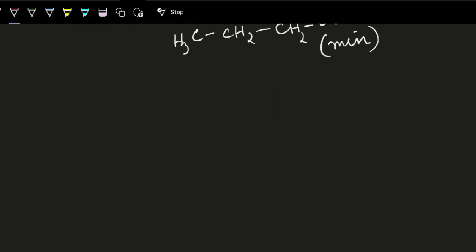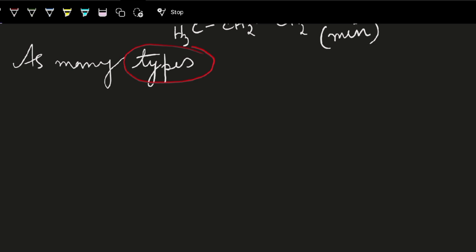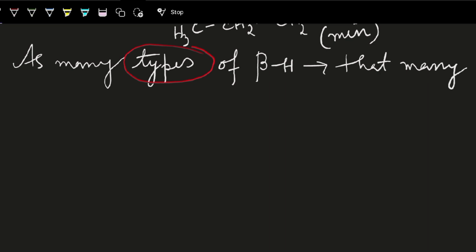But suppose we have two different types of beta hydrogen, then we are going to get how many product? For this I will say, please remember, as many types of beta hydrogen, that many products we will get.